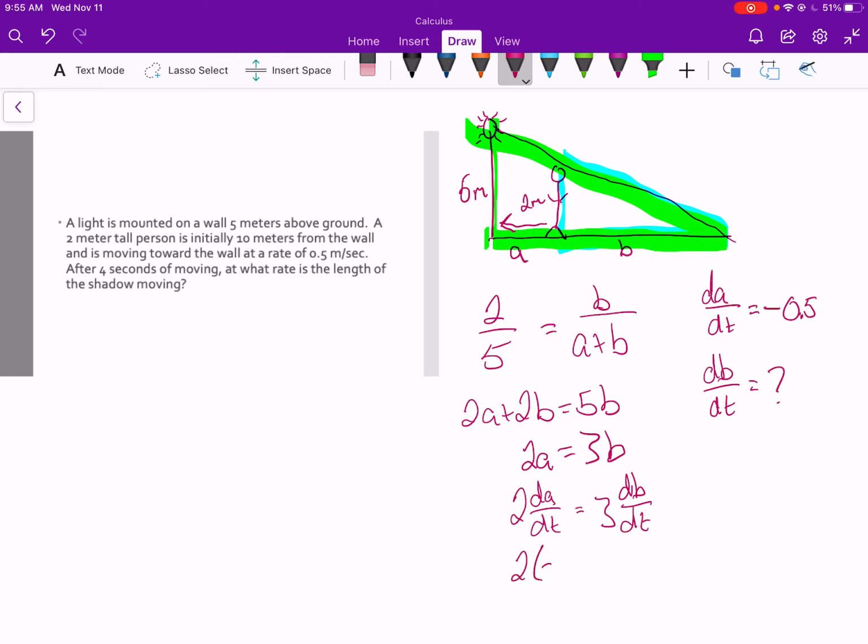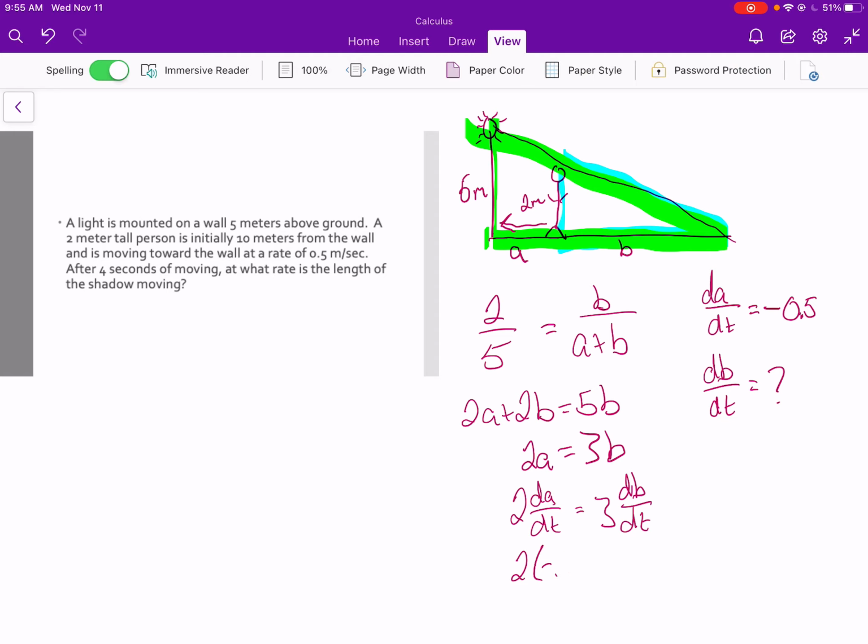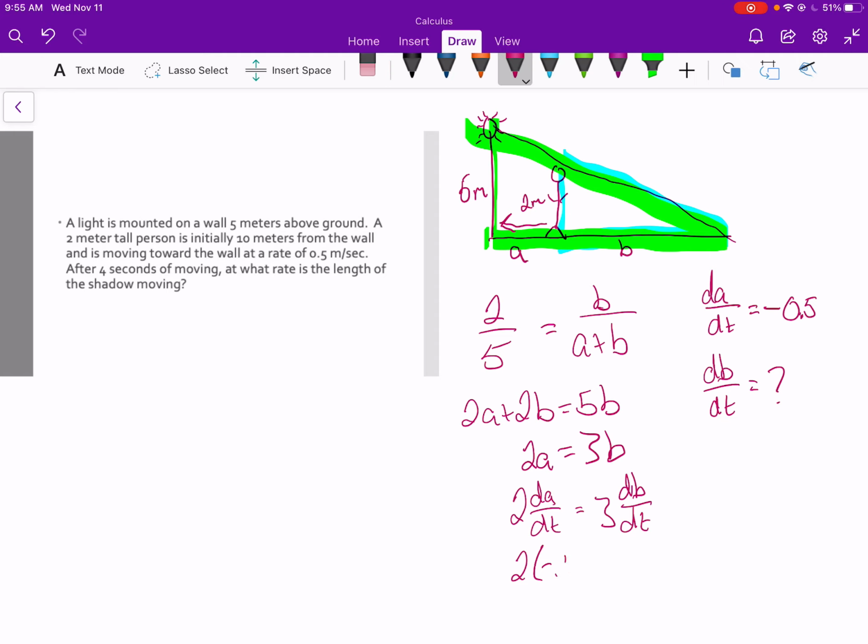So plug in. And then when we solve, -1 equals 3 dB/dt, and we get that dB/dt is going to equal -1/3, and we're talking meters per second.